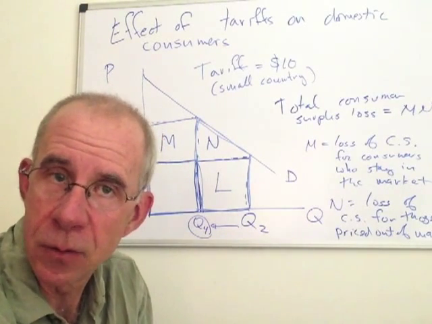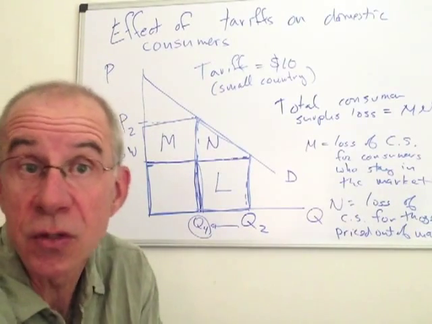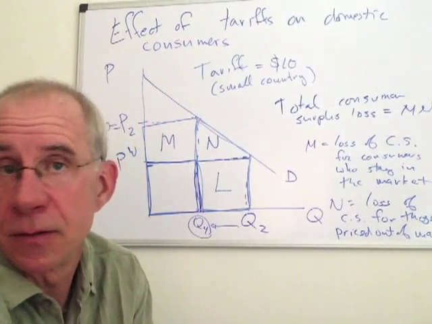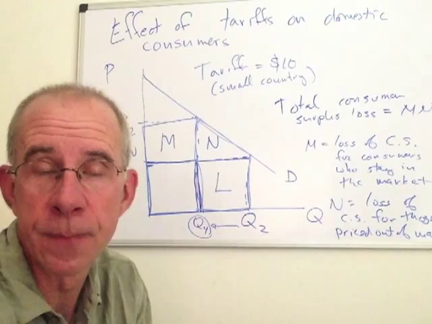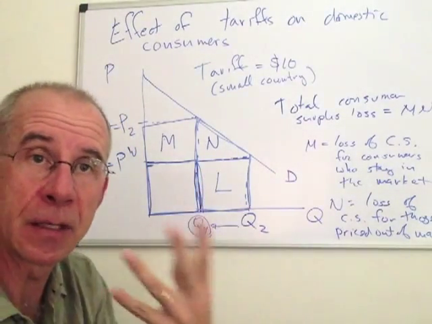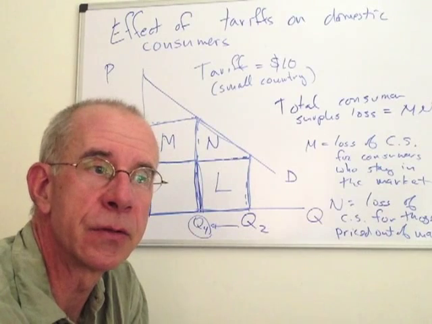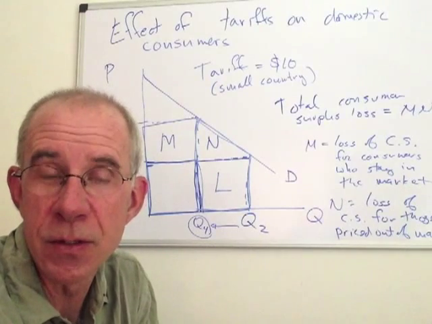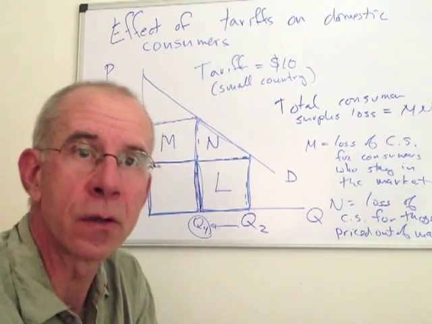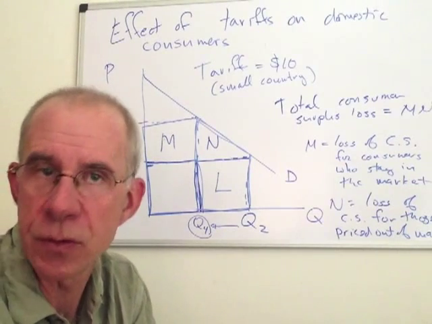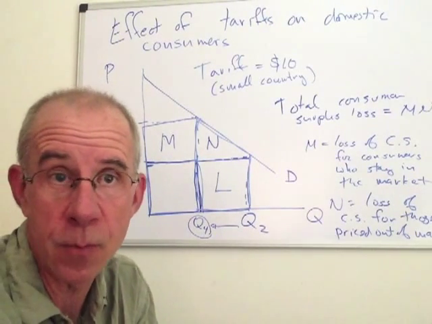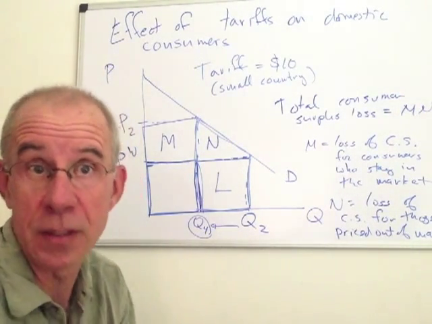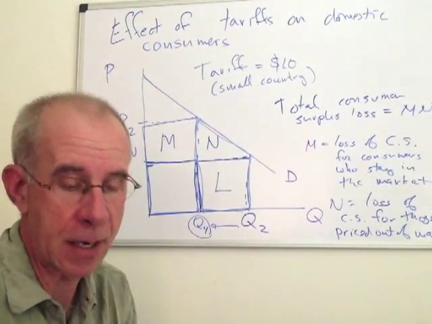Instead, the users of steel, the purchasers of steel, the consumers of steel, are industrial firms that are making appliances, automobiles, and so forth. And so in those cases, M and N need to be interpreted not as a burden on final consumers, but instead on the firms and the workers who are in the industries where those prices have gone up. And that's a very important part of the effects of tariffs, because they increase the cost of this imported good, whoever ends up buying the product.